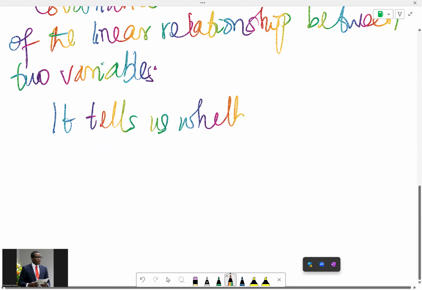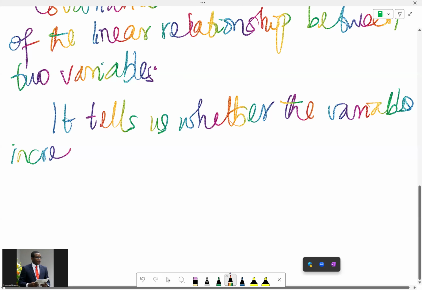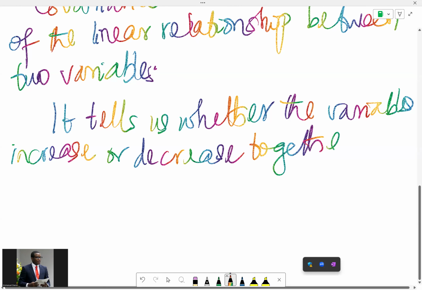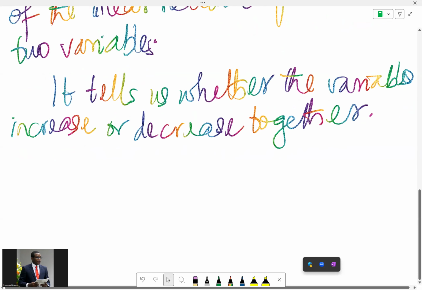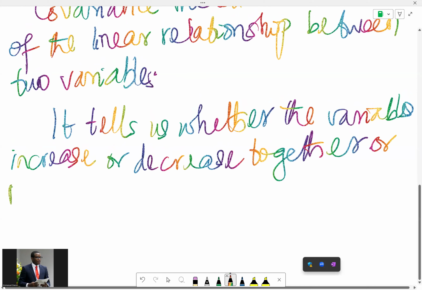It tells us whether the variables increase or decrease together, or move in opposite directions.